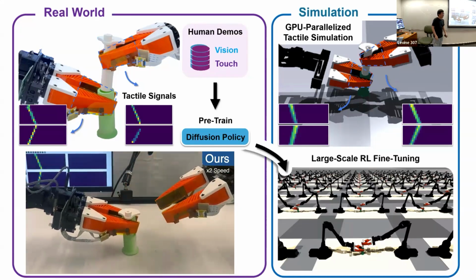Maybe a question about this: for which kind of tasks is it easier to build a simulator, train with RL, and transfer, than to just collect 20 demonstrations? I see. But we have a lot of limitations in simulation. For example, if you want to do deformable objects, that will be hard.